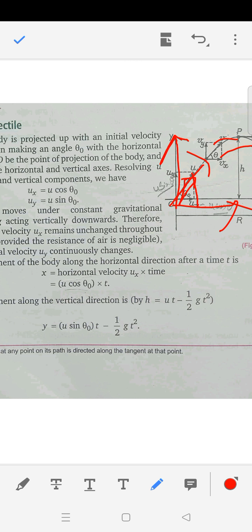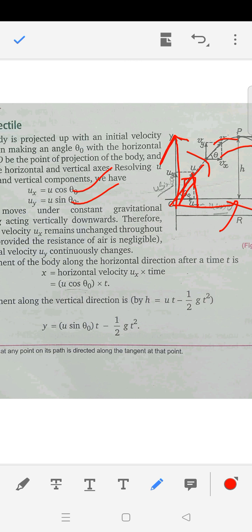Here they have written theta 0 or theta, whatever you want to call it. So ux, that is u cos theta, is the component of the initial velocity along the x-axis, and uy is equal to u sin theta, the component along the y-axis.